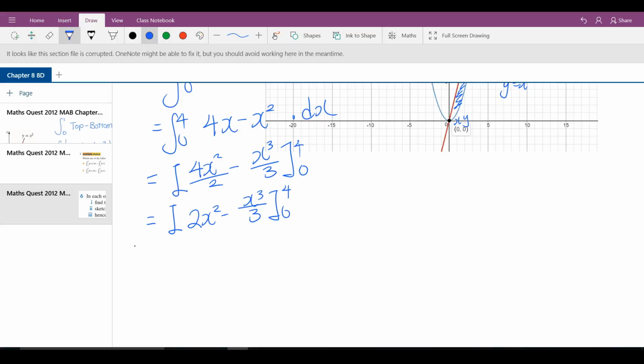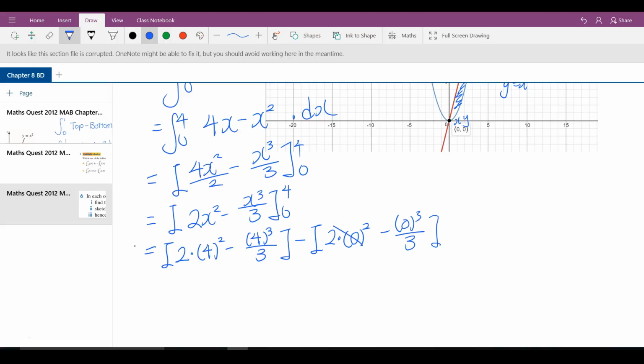Now we can sub in the values. The first one would be 2 multiplied by 4 squared minus 4 cubed over 3, minus 2 multiplied by 0 squared minus 0 cubed over 3.